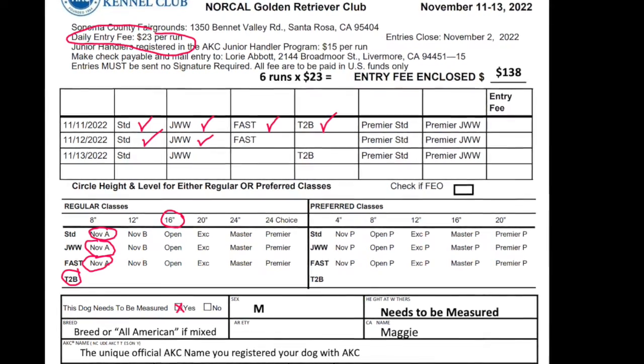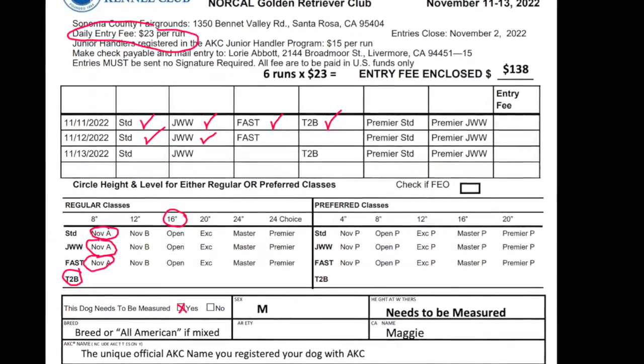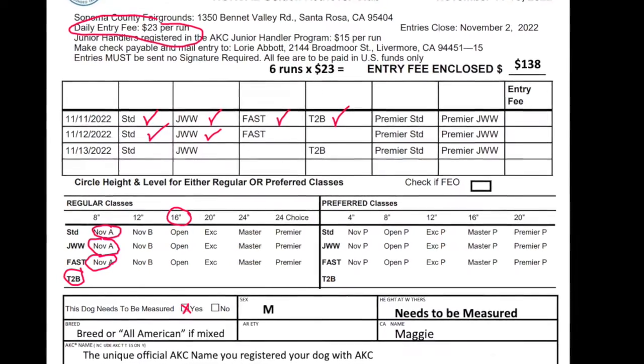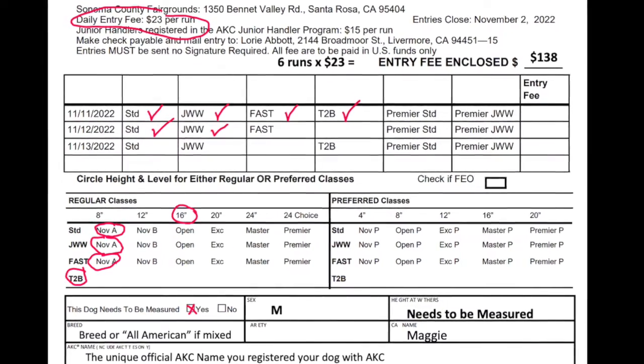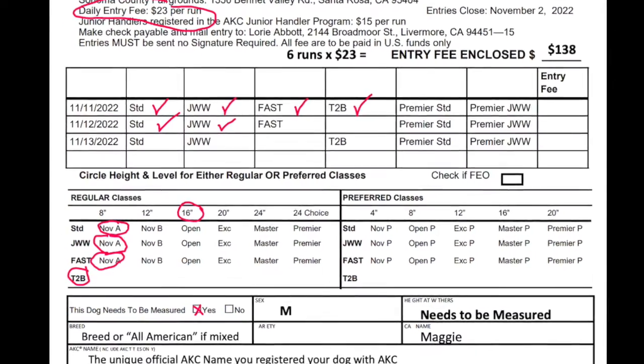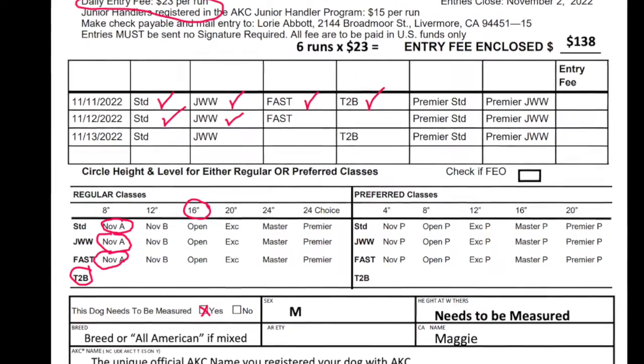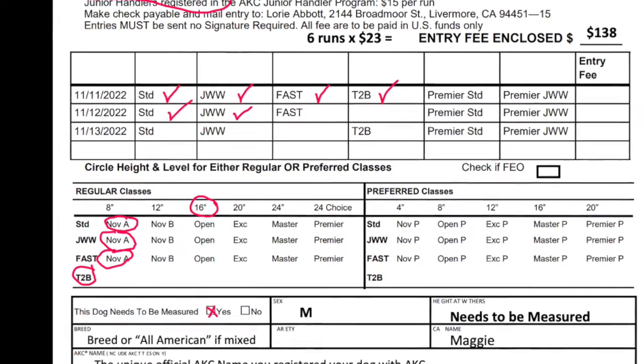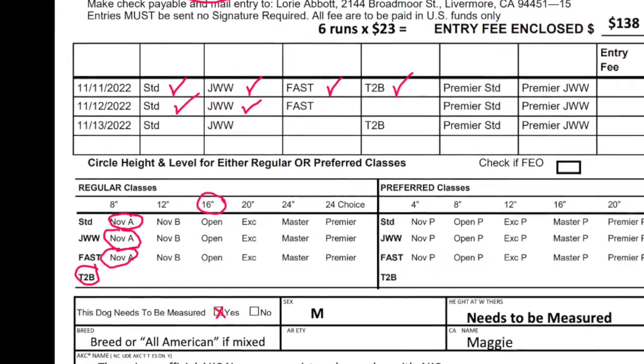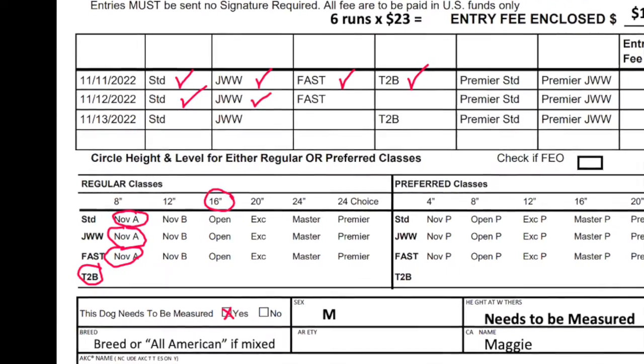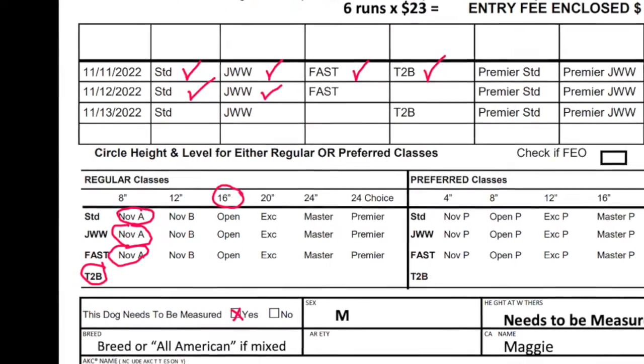I'm going to assume that because you're watching this video, you are probably a novice handler. Most likely maybe a novice A handler. So novice A is when the handler has never titled in any AKC event prior to this event that you're entering in.